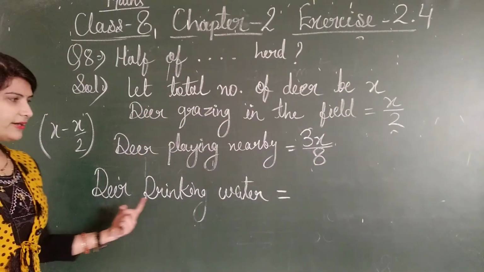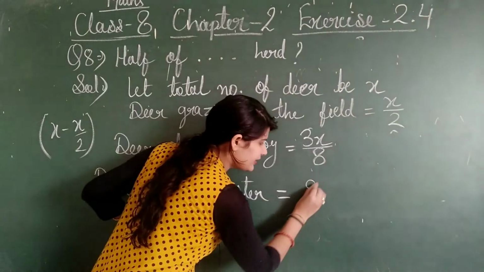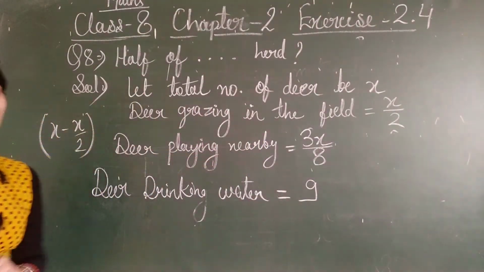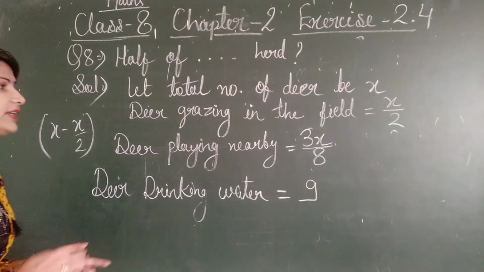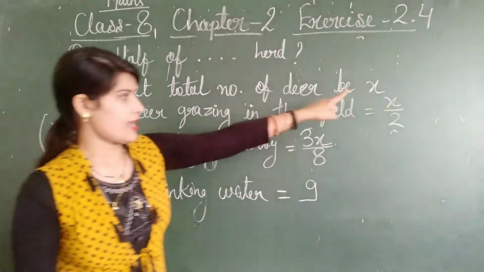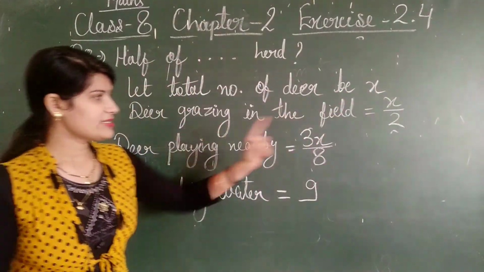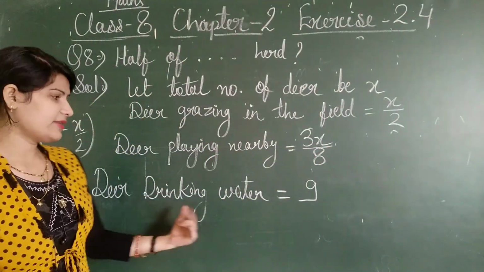Now deer drinking water is given. Now what? The rest 9 are drinking water. That means 9 deer are drinking water. Now find the number of deer in the herd. Okay, total number. So total number is X. Okay, deer grazing X by 2, deer playing 3x by 8, and deer drinking 9.